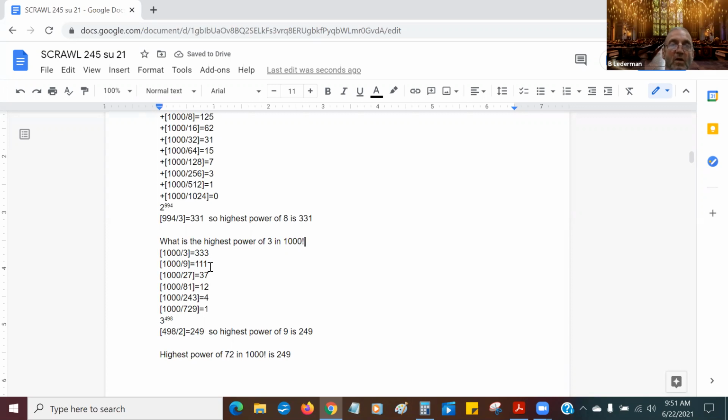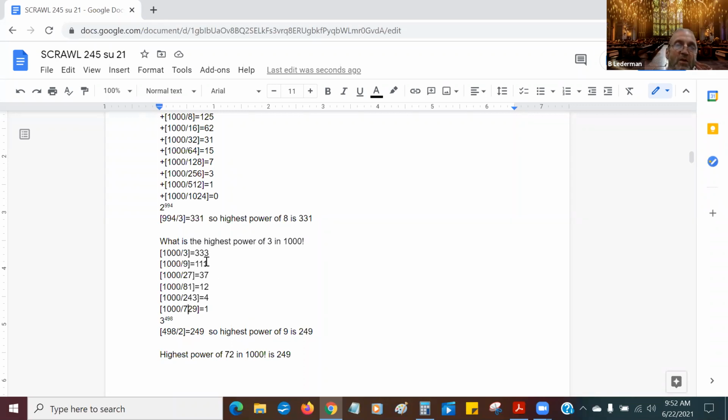Divided by 9 is 111. Again, we take the greatest integer less than that, so all answers are exact. Then 37, 12, 4, 1. And after that, once I get higher than 729, it's all numbers less than 1, so it's just adding a bunch of zeros.